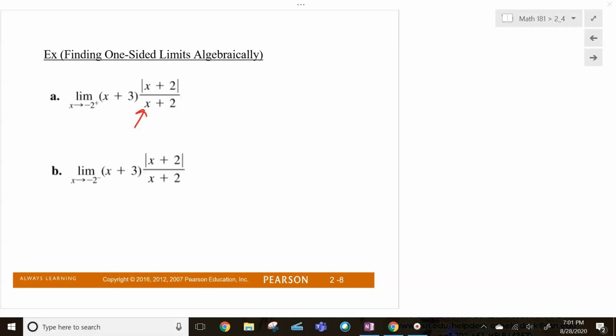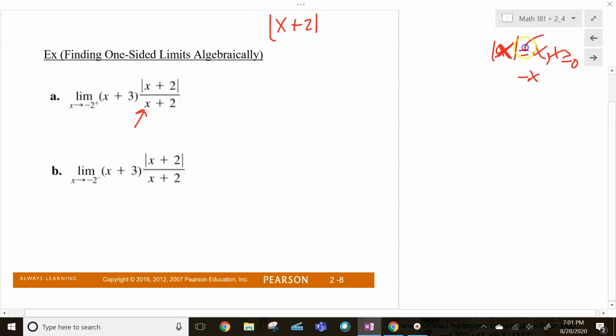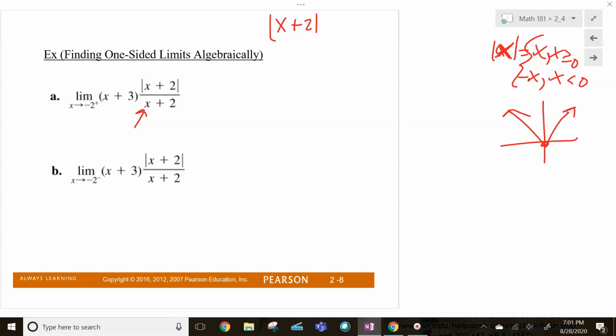Remember, the absolute value of x is x whenever x is greater than or equal to 0, and it's the opposite of x when x is less than 0, right? We have our absolute value here, and it goes to 0, 0 right there.